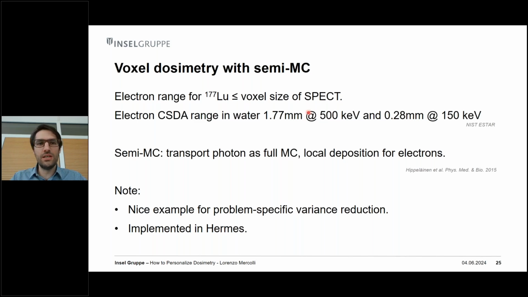So you need a source that has a resolution that is what it is, but the electrons have a smaller range for the way that we compute the source. And the other nice feature is that this has been implemented in HMS, so it's also quite convenient and easy to use.